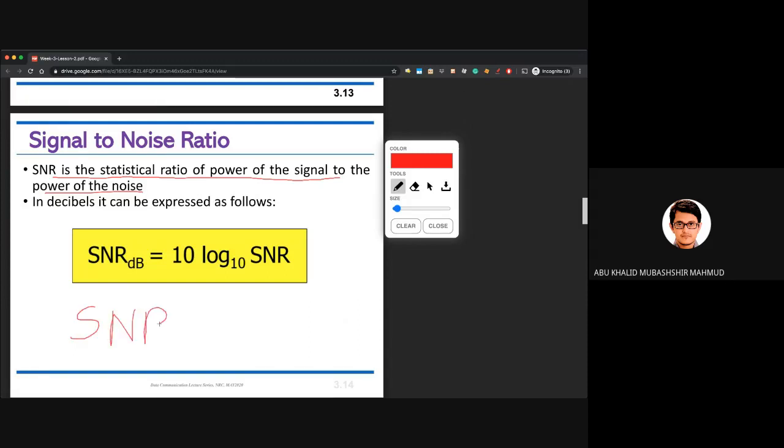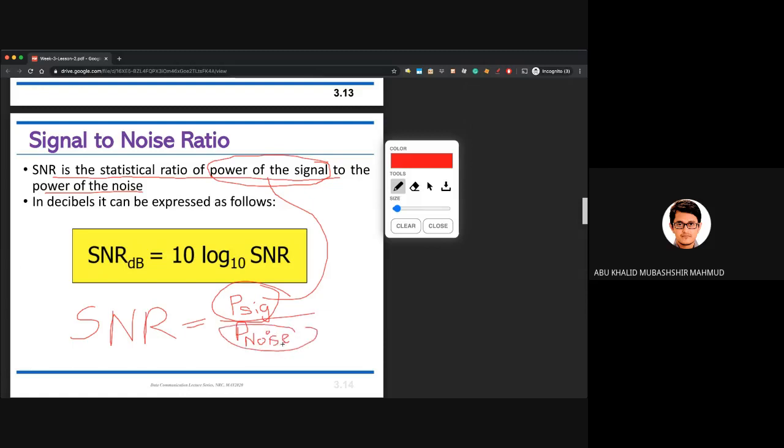SNR equals P_SIG over P_noise, where P_SIG is the power of the signal, and P_noise is the power of the noise.